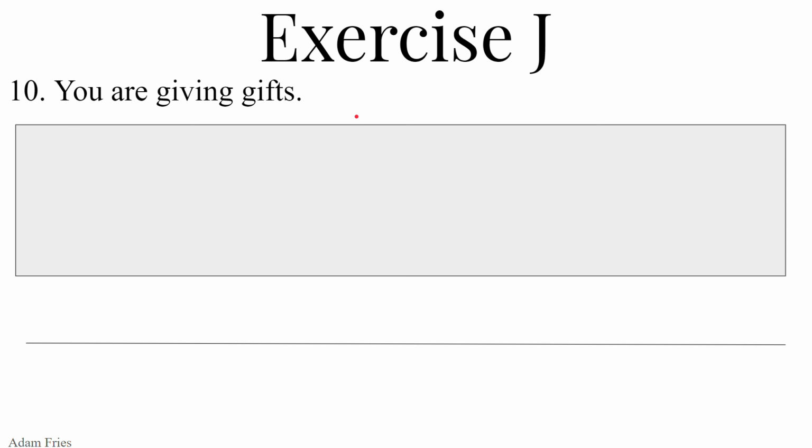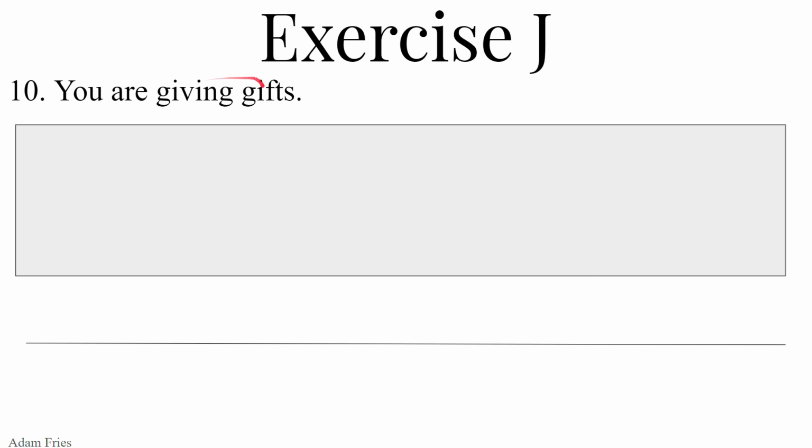And finally 10, you are giving gifts. Let's end easy. You are giving gifts. You are giving. So you are giving is our verb. Who's doing the giving? You are. So second person singular. We want an S ending on do, dare, dedi, datus. The stem is da, so we want das. Das, and then gifts. Gifts is the direct object, receiving the action of the verb giving.